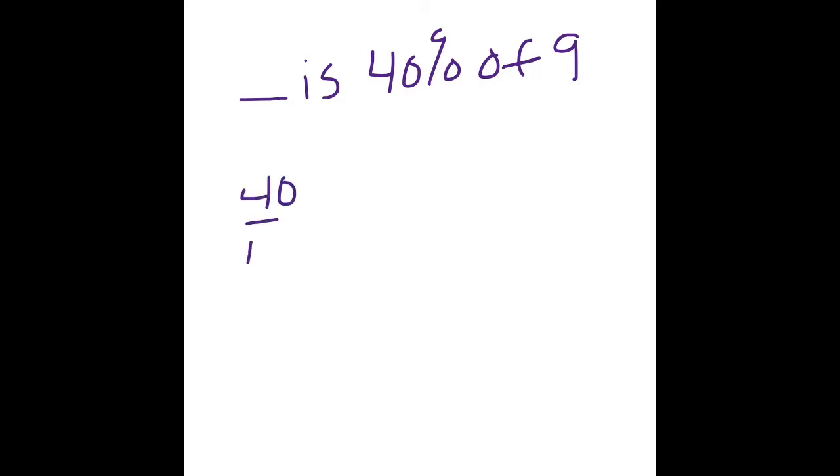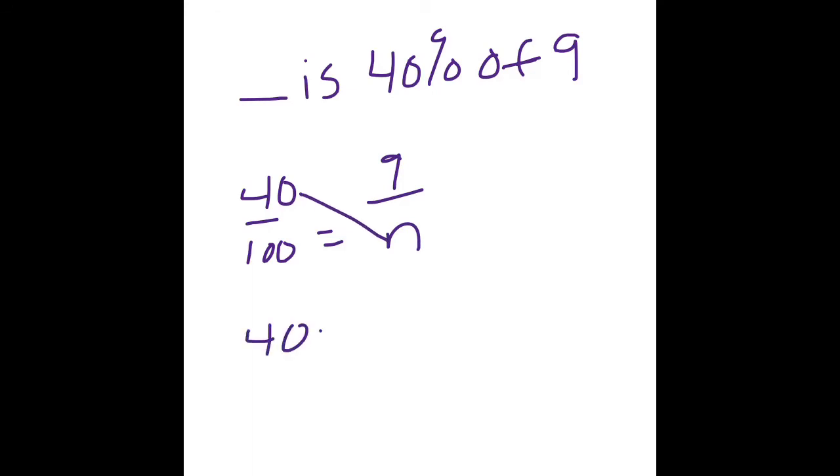All right, the next one, number 3. Blank is 40% of 9. So this one looks like it's missing the base here. So 40 over 100 equals 9 over n.